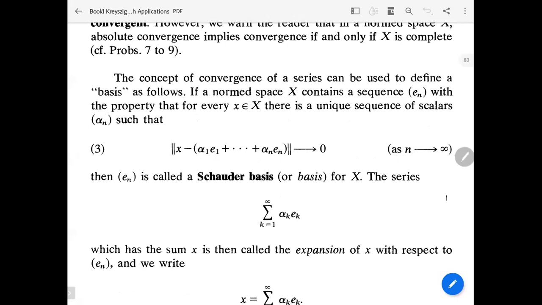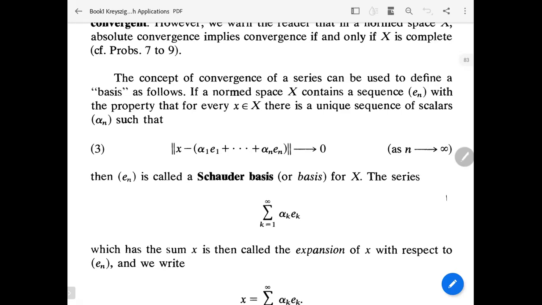Using the concept of series, we can define a Schauder basis for X. So e1, e2, up to en is a sequence in a normed space.